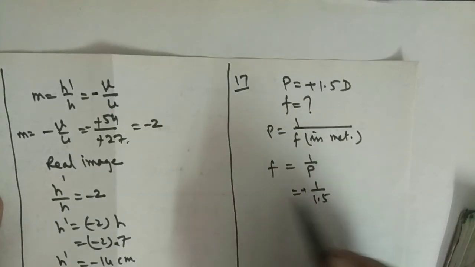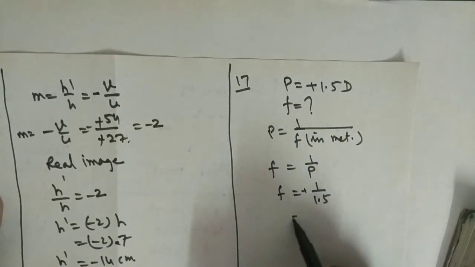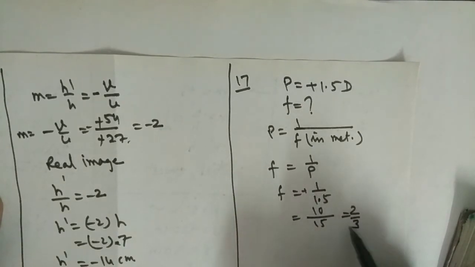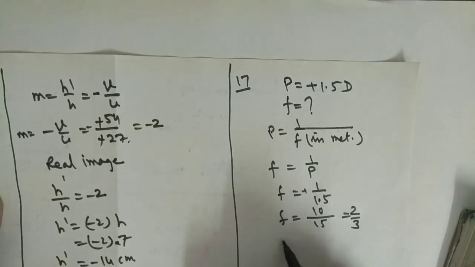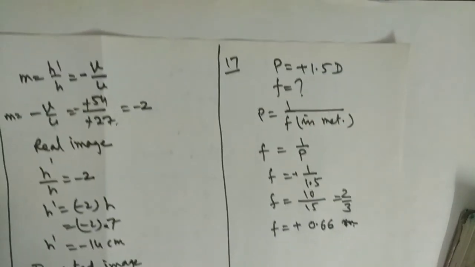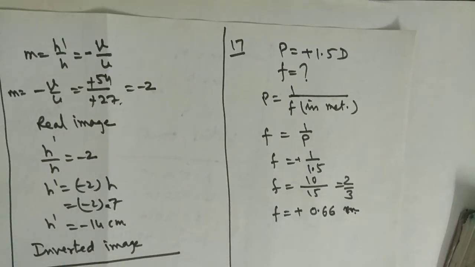It is positive, remember. So just solve it, 10 upon 15, that is 2 upon 3. Or you can say f is equal to plus 0.6666 or 0.67 meter. Okay, so this is the solution of the 17th question.